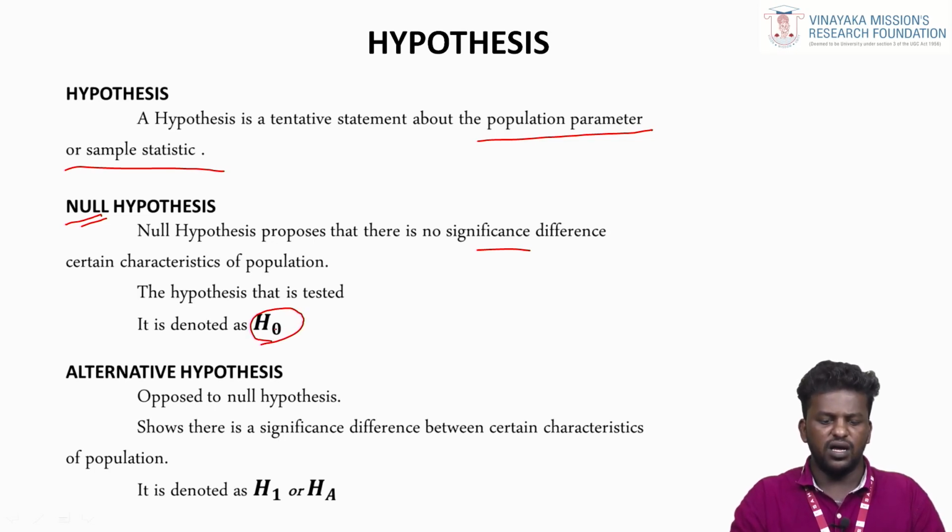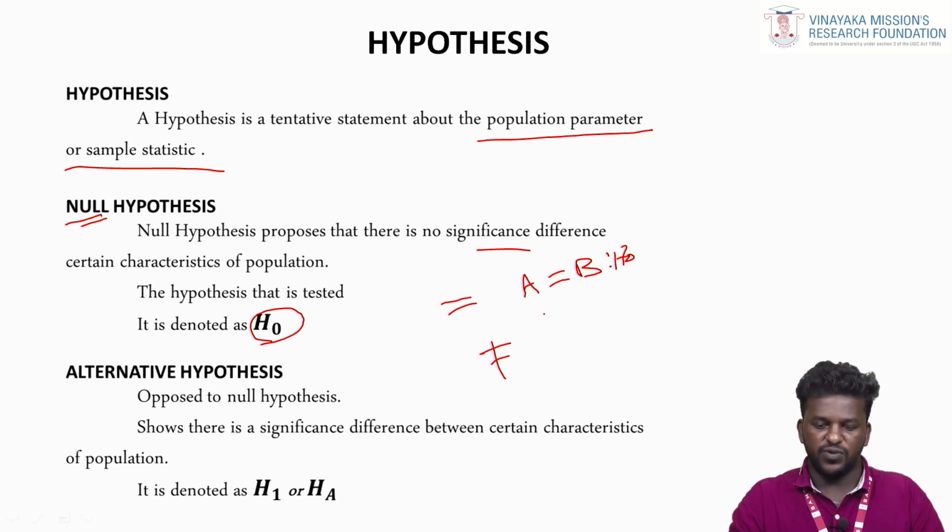Then the alternative hypothesis means just the opposite of the null hypothesis. The null states equal; the alternative hypothesis means not equal, or maybe greater than or less than. For example, we have two drugs, drug A and drug B. The effect of drug A and drug B being equal is the null hypothesis.